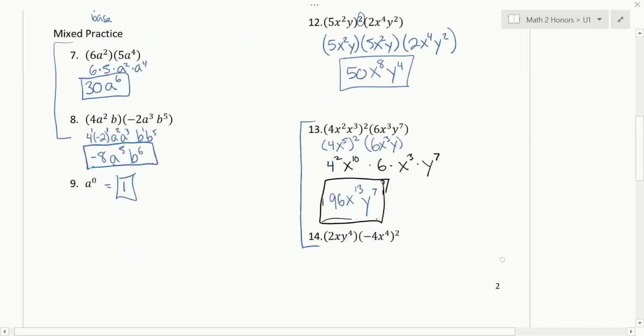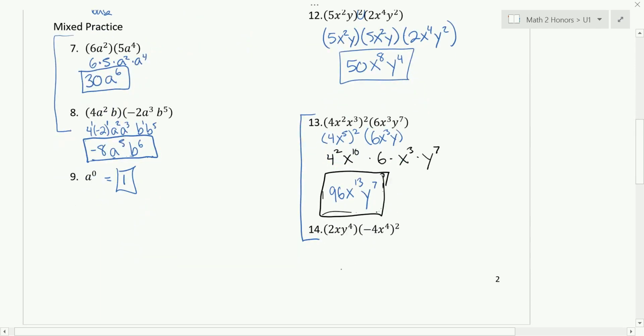And then our last one, 14. What is the coefficient? Positive or negative? Good. It's positive because that negative 4 is squared, meaning you have two of them. Negative 4 times negative 4, which is positive, 16. 16 times 2 gives you the 32. And then x to the what power? 9.